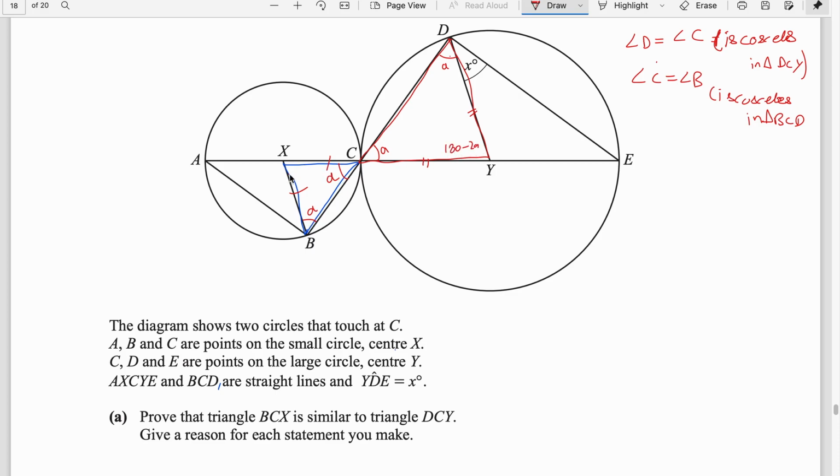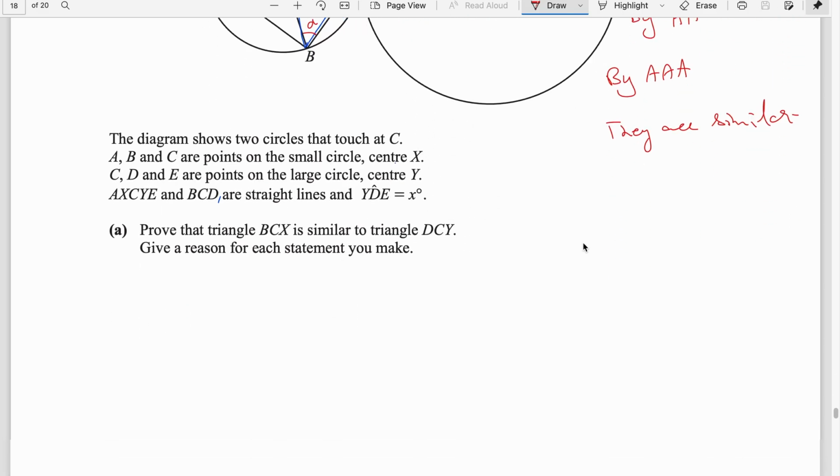On the other hand, you again get 180 minus 2a. Before 2023, by angle, they are similar, but now you have to state all three. So by triple A, they are similar. We have just proved that all three angles are equal.